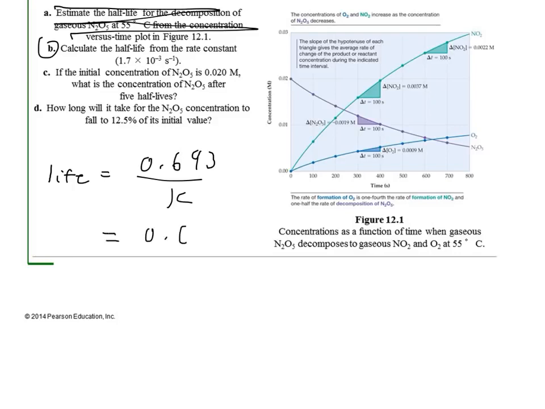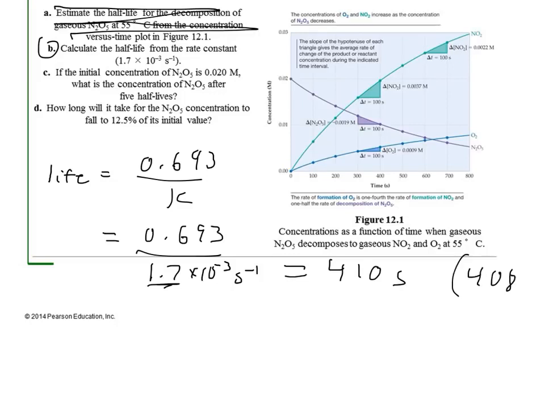So 0.693 divided by the rate constant they gave us. Plug it into your calculator, and it has 2 sig figs here, so it should really be 410 seconds. I believe your book and your calculator will show you 408. So that's easy. Plug and chug. We love plug and chug. It's practically like a Christmas present on the test.